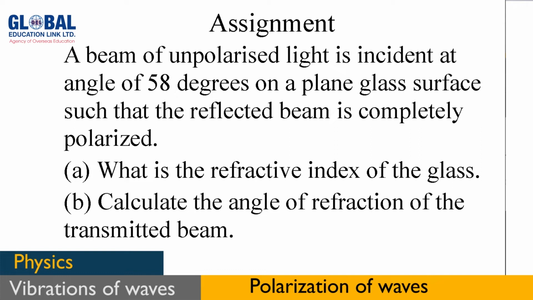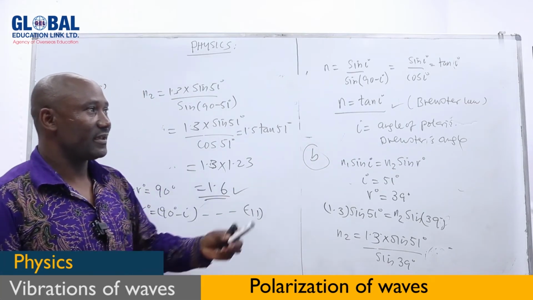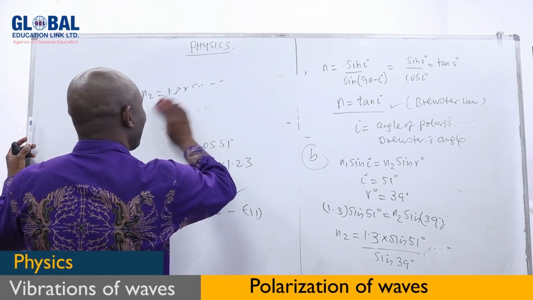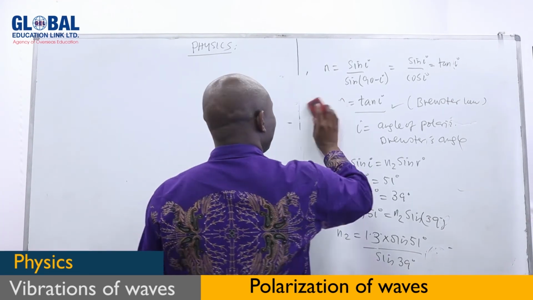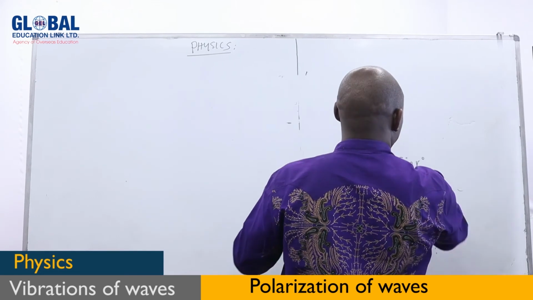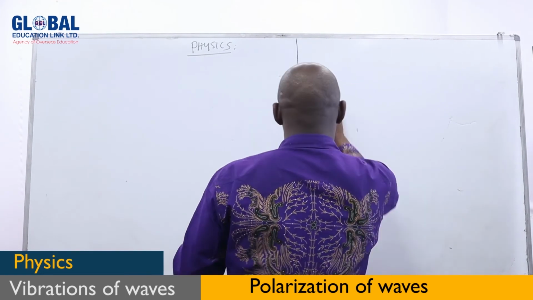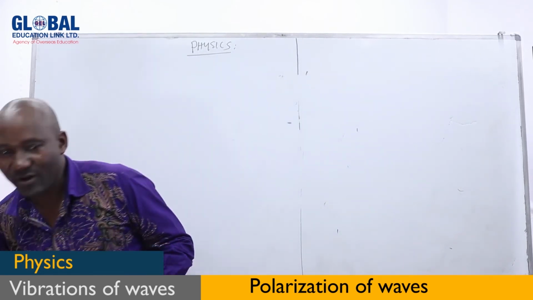The question is asking to find A, the refractive index of glass, and B, calculate the angle of refraction of the transmitted beam. So this is the question for you, everywhere you are watching. Now let's do this together. Take your calculator and see how to go about this.